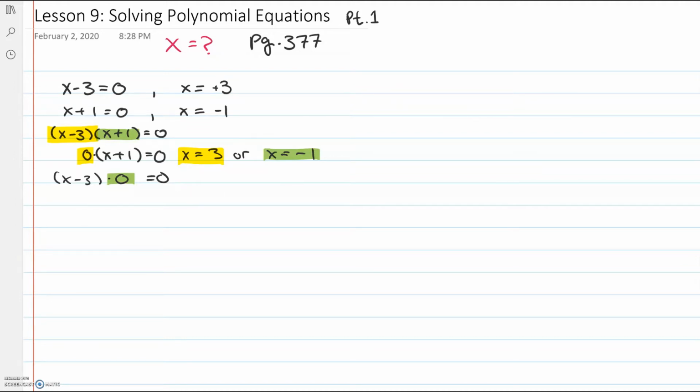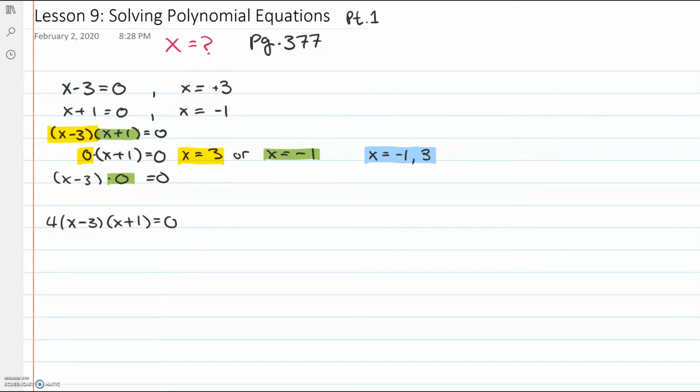Those are the 2 possible values of x. So in solving polynomial equations, we rewrite this as x equals minus 1, 3. I want to write my smaller value on the left-hand side. And if I had another factor in front that is just a number, no variables, 4 times x minus 3, x plus 1 equals 0, does this change my values of x?